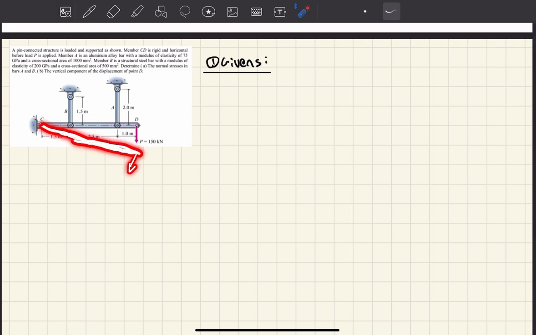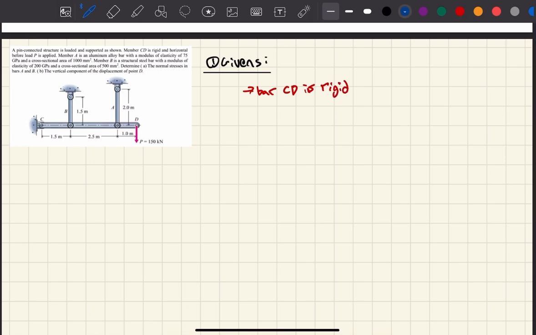No deformation whatsoever. This might be B prime, if this is B, and this might be A prime, and this is A, and this is D prime. But my point is this is perfectly straight. So that's number one: bar CD is rigid.